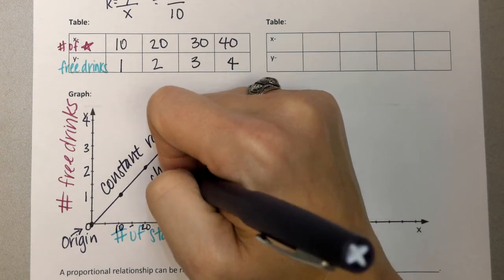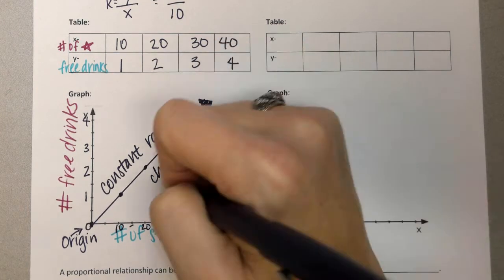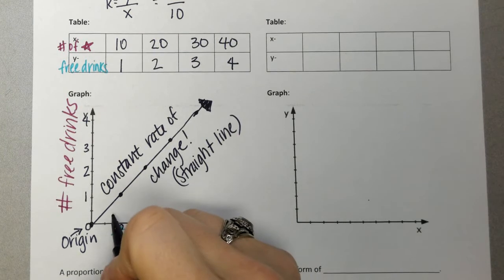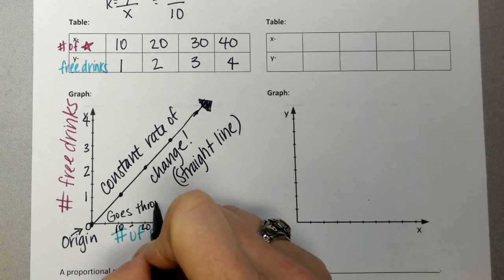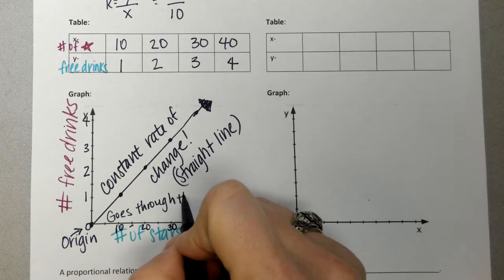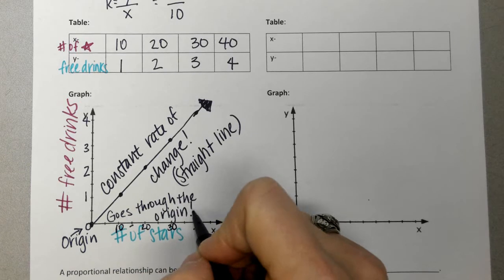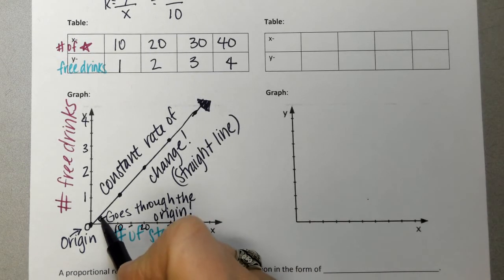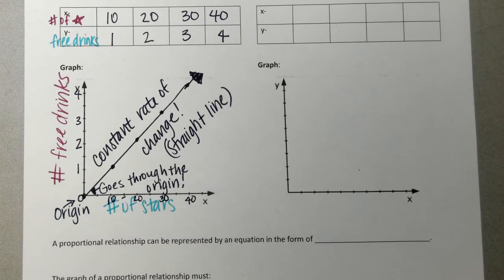So it's a straight line, and it goes through the origin. We're going to make a note here because you're going to see that that's important. Okay, so it goes through the origin, and there's an arrow there that tells us that.